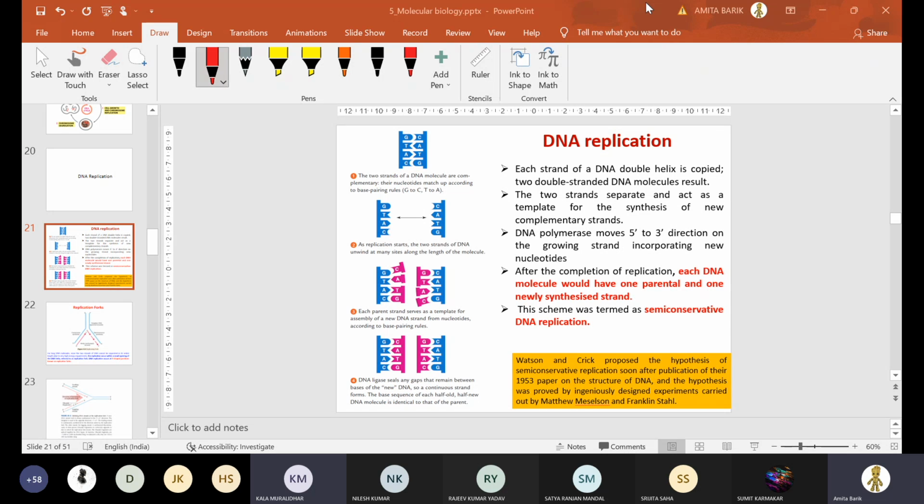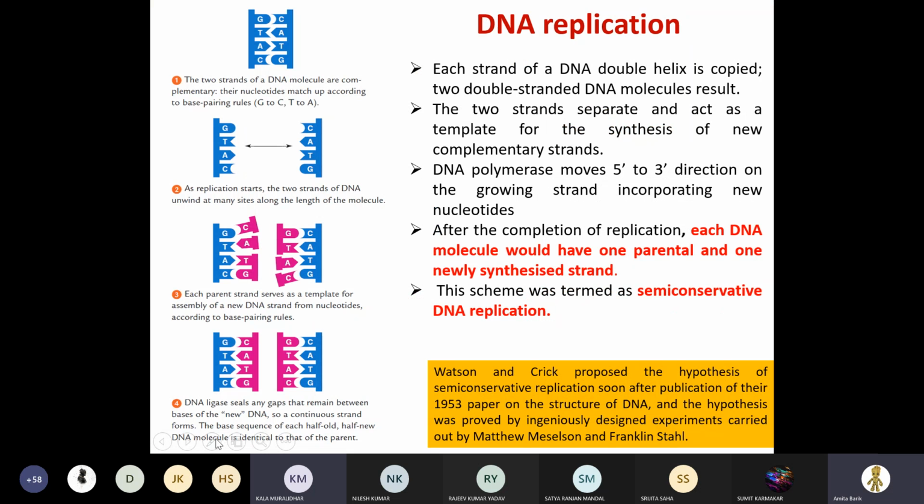It is very interesting that the two strands of DNA separate from each other. I have to go back. Okay, so these are the two strands.